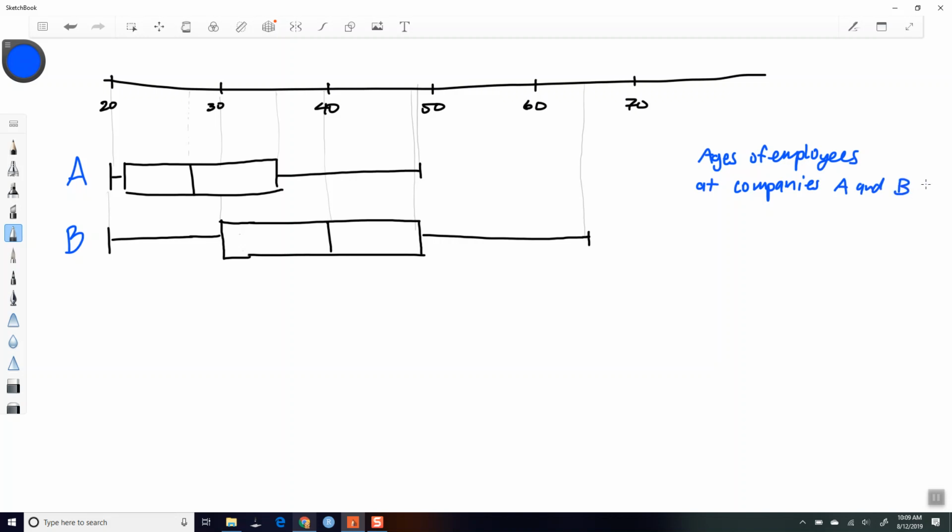Okay, so we'll just say, all right, 1. All right, what is the IQR of ages at company A? What about company B?